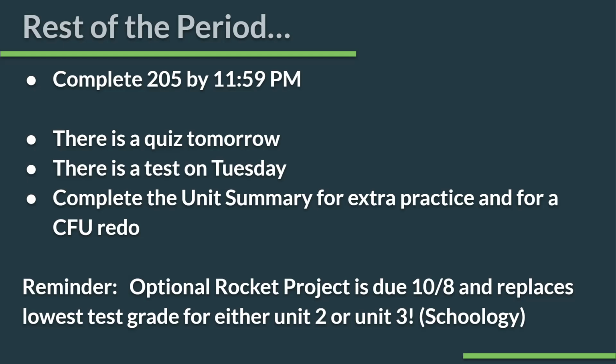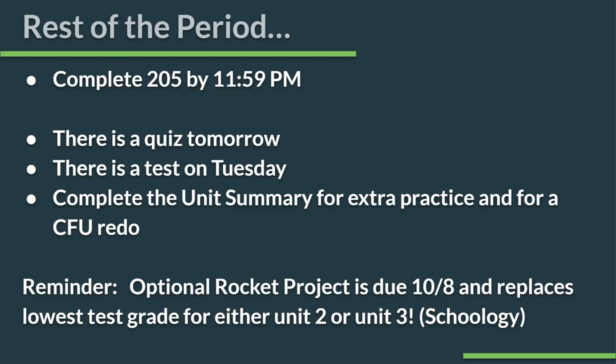Again, as a reminder, there is also an optional rocket project due on the 8th of October that can replace your lowest test grade for either Unit 2 or Unit 3, whichever one ends up being lower for you. If you choose to do that project, it can replace it and bring up your overall average. We're doing that, again, as a reminder, because the test for Unit 3 specifically is on the last day of the marking period.